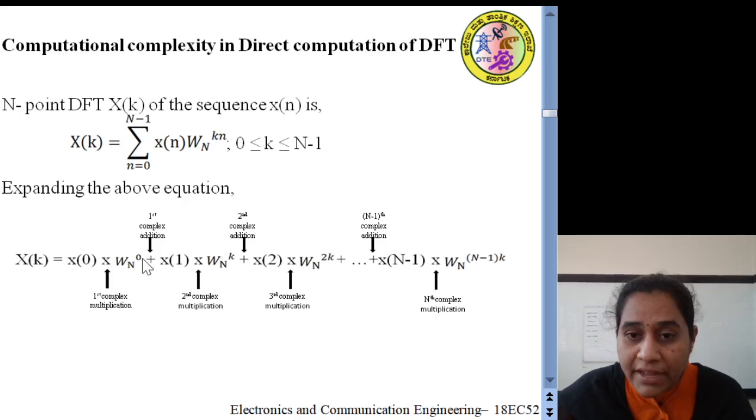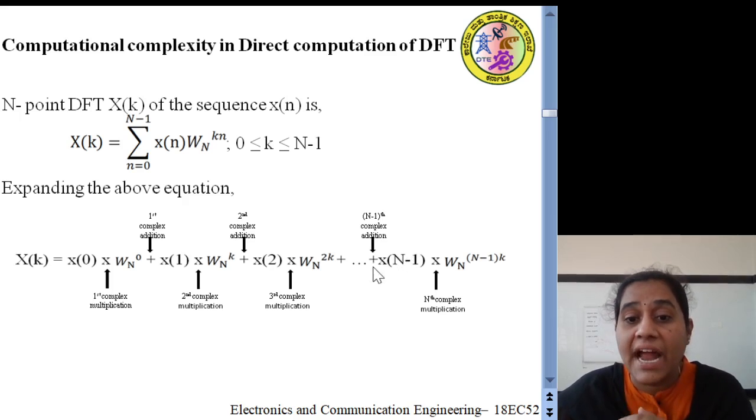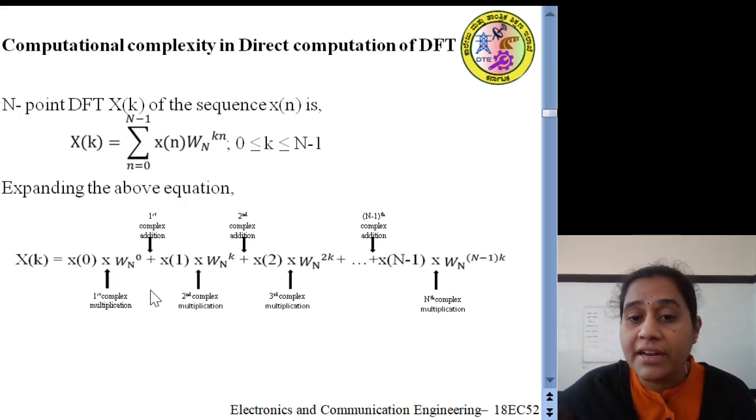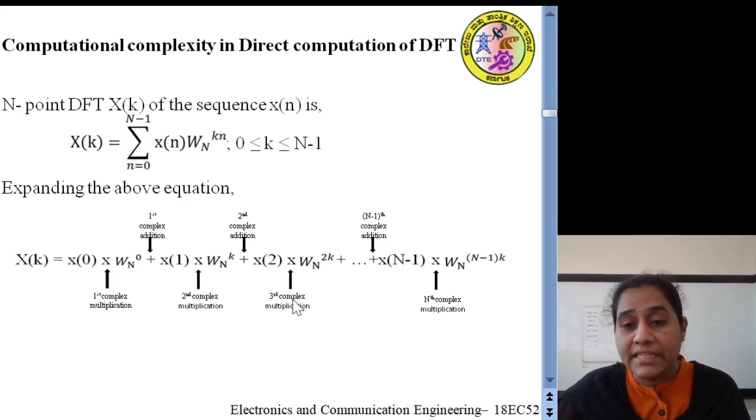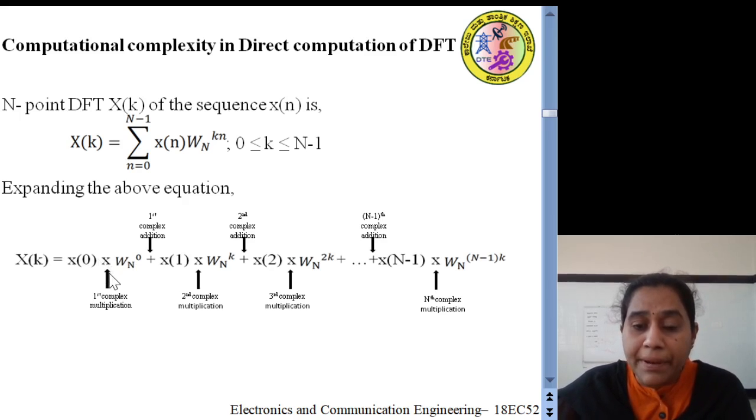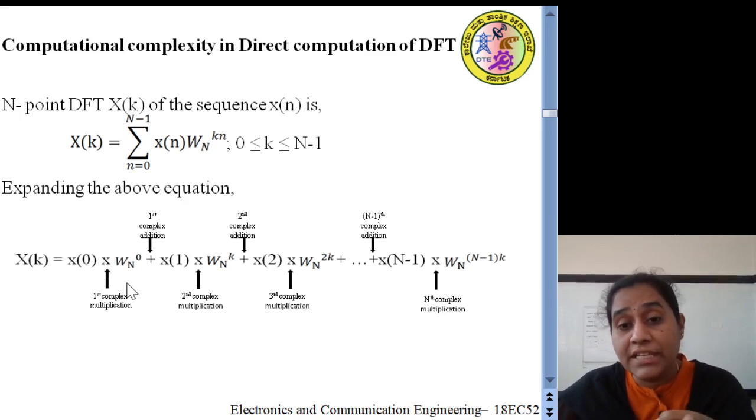Similarly, you can observe here, this is the first complex addition, this is the second complex addition. Similarly, this is the last one, that is, the (N minus 1)th complex addition. We consider these as complex multiplications and complex additions because we are multiplying two complex numbers, and the product of two complex numbers leads to adding complex numbers again.